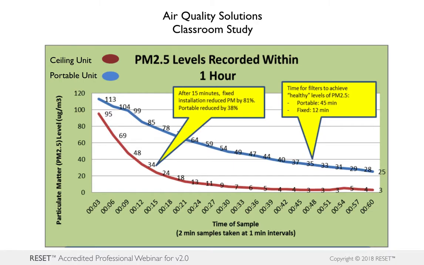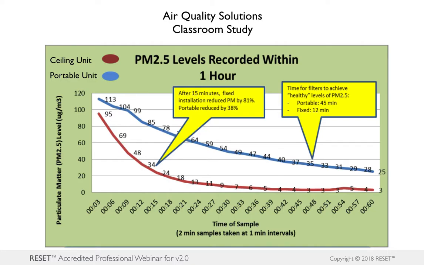So there's a lot of studies that we've done about the effectiveness of the portable units versus a ceiling unit. And this is a case study that was looking at their effectiveness over just the space of 1 hour. And it's between a portable unit and a ceiling unit. You can see here the ceiling unit is depicted in red and the portable is depicted with the blue line here.